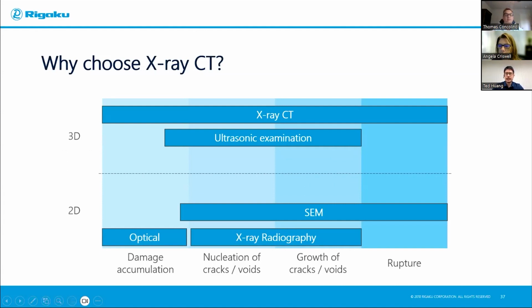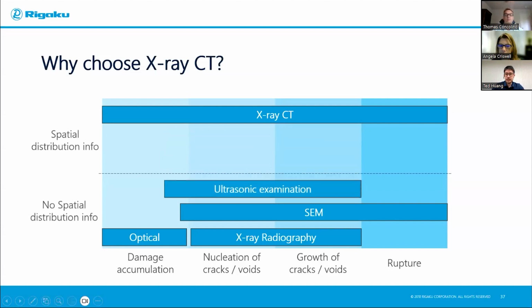You always have to ask yourself: am I having some sampling bias? Am I just looking at a very specific cross-section that's not showing me the whole picture? So in this case, 3D techniques have an advantage. X-ray CT and ultrasonic examination both give you 3D information. Then why would you choose X-ray CT over ultrasonic examination? Well, because the type of 3D data you're obtaining through the technique also matters.